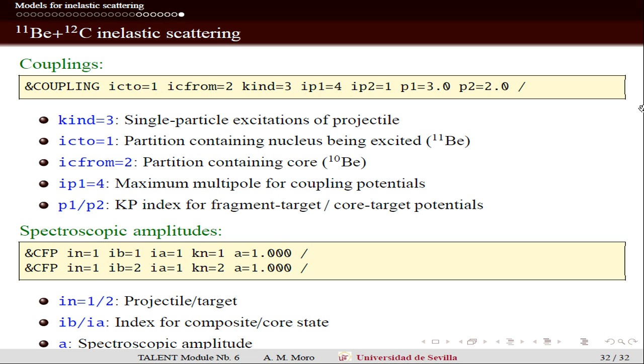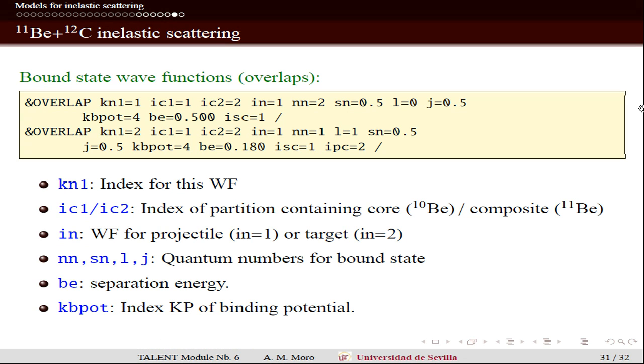We have the overlap between these two objects, and we want to tell Fresco that the result of this overlap, which will not be calculated with Fresco, we will approximate by a spectroscopic amplitude, this number A, times a wave function. This wave function is identified through this KN index that corresponds to the index that we chose for the overlap function, where we calculated already the wave function.